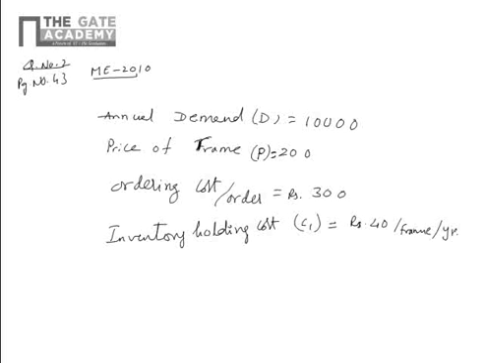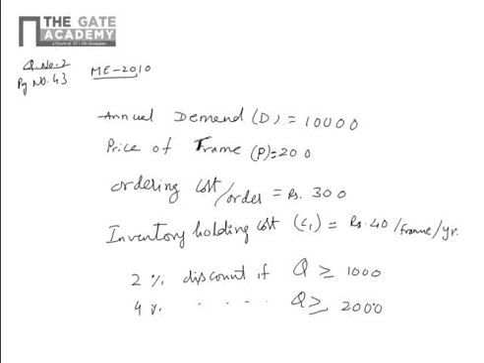The supplier is willing to offer a 2% discount if the order quantity is 1000 or more, that is, 2% discount if Q is greater than 1000. The supplier offers a 4% discount if the ordering quantity is 2000 or more.